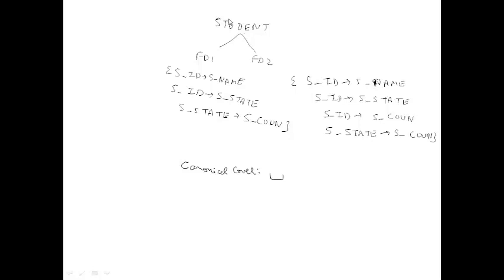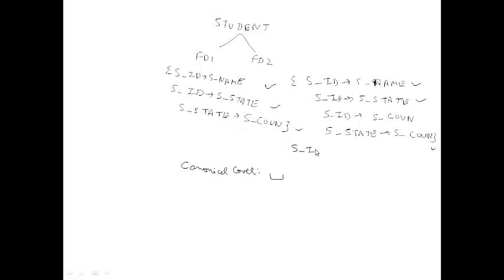For example, for a given relation student, we have two FD sets, FD1 and FD2. We can see that three FDs are the same in both FD sets. The different FD is SID determining S country. So we will see whether we can determine this FD from FD1 or not.